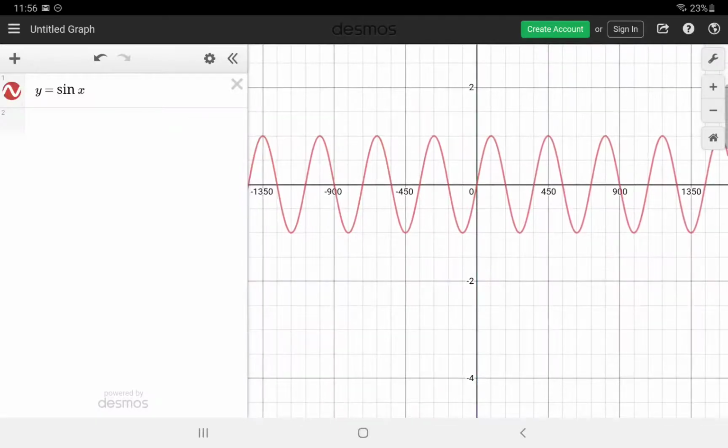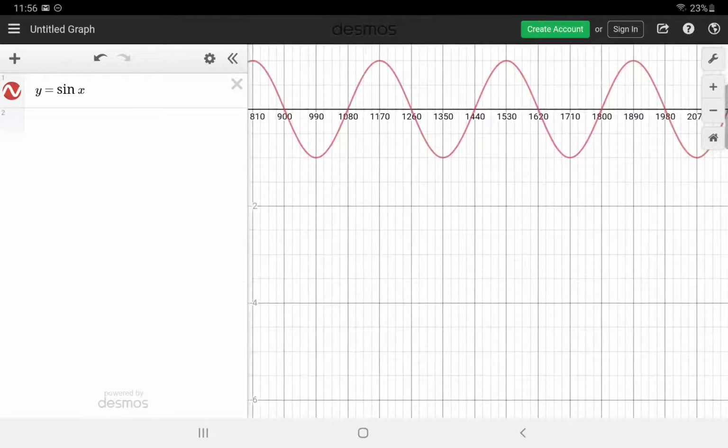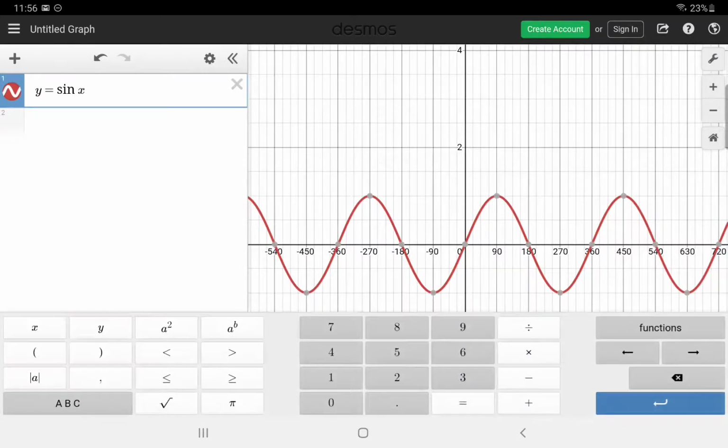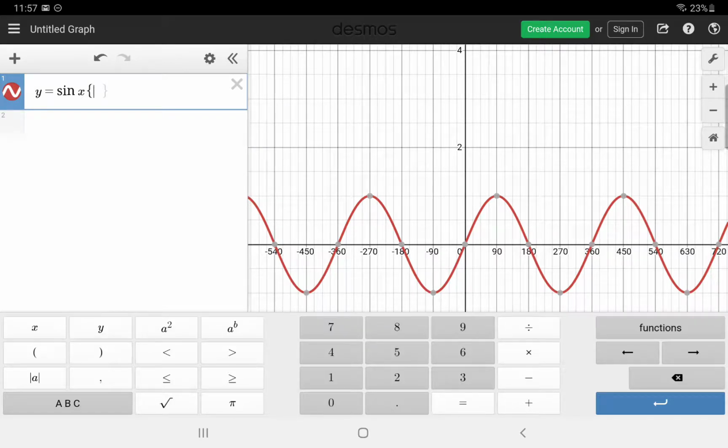Now, if you only want one cycle, let's say you don't want it to keep repeating, because you are going to see a graph that keeps on going forever and ever. If you're only focusing on one cycle, you can actually indicate on Desmos the specific domain. So this is where what we learned before March break is helpful. Come to your sine x graph, go back to your keyboard, pull up the squiggly brackets, and let's say we want to graph only from 0 to 360.